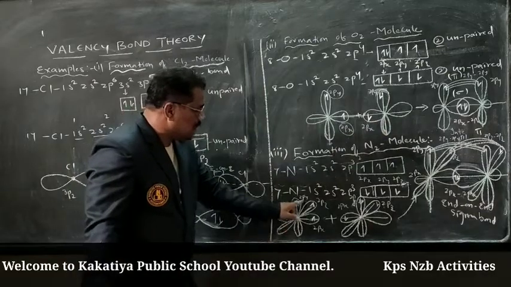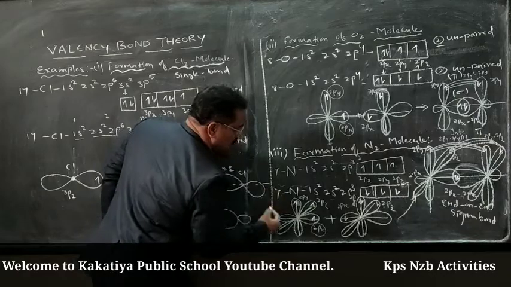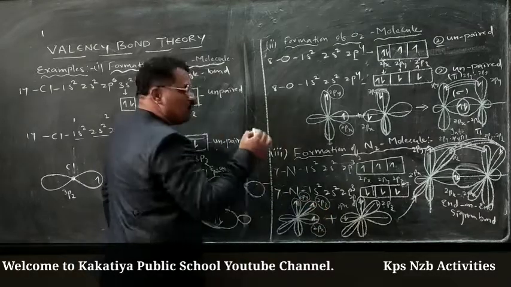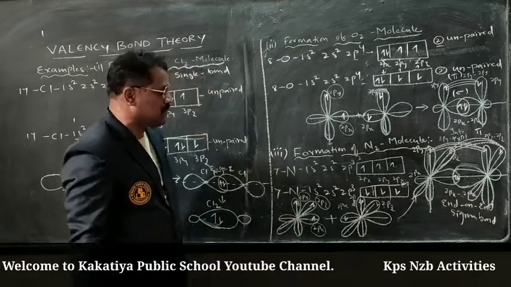I have taken three p orbitals. One is the 2px orbital, another is the 2py orbital, and another is the 2pz orbital, each with one electron.